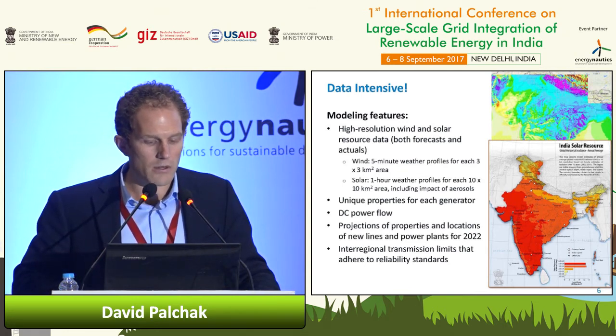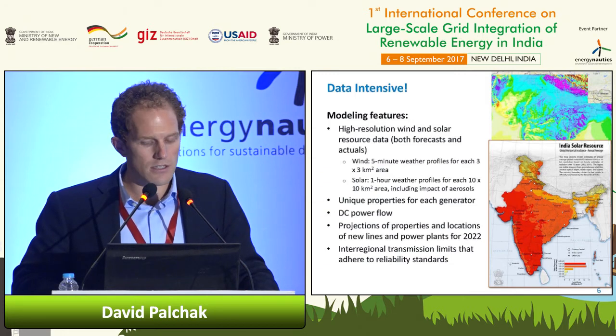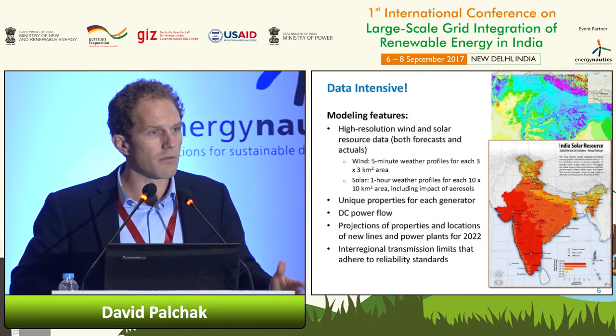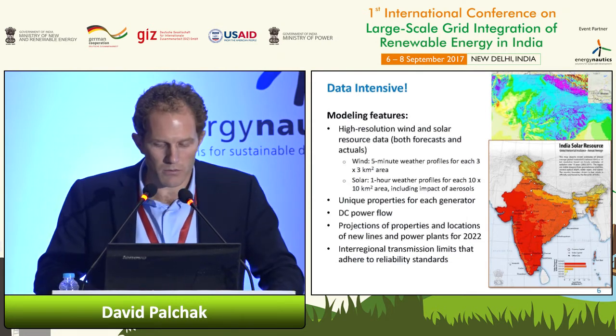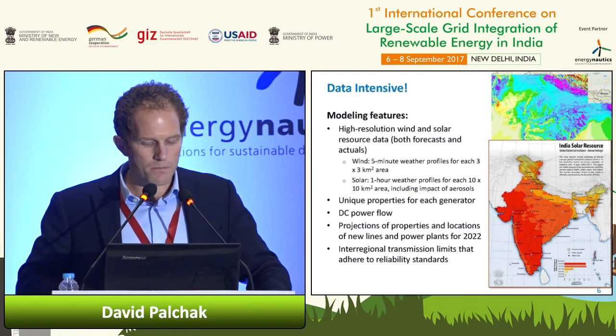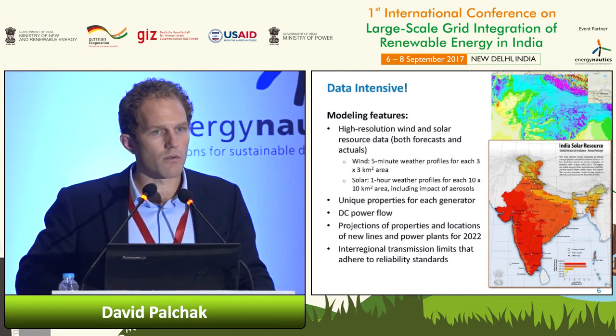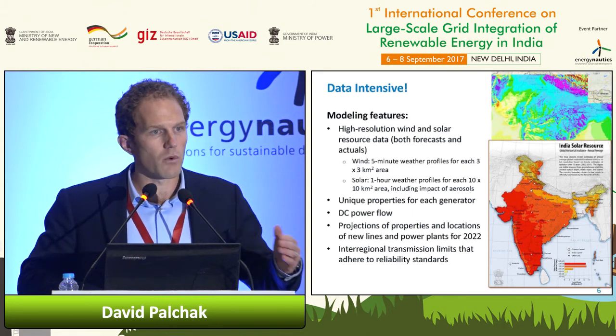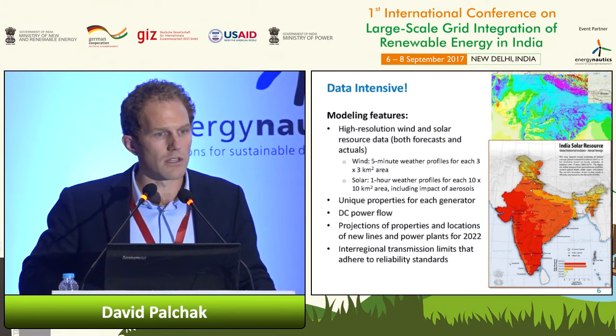So we got unique properties for each generator that exists on the system today. We did DC power flow. That's kind of standard in production cost models at this point. And projected properties of new lines to 2022, and I'll get into that a little more. We also looked at transmission limits that would be needed for reliability and tried to best guess what those might be in the future running these models.